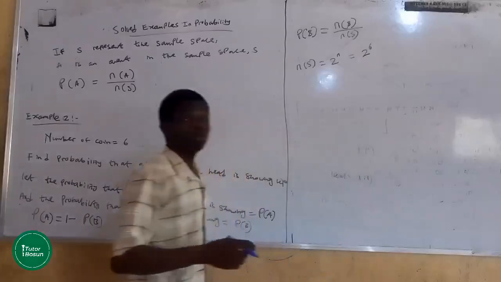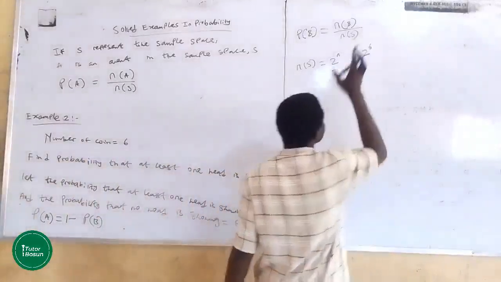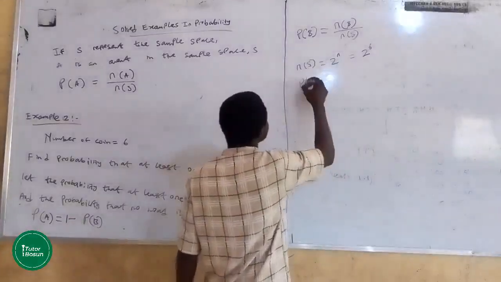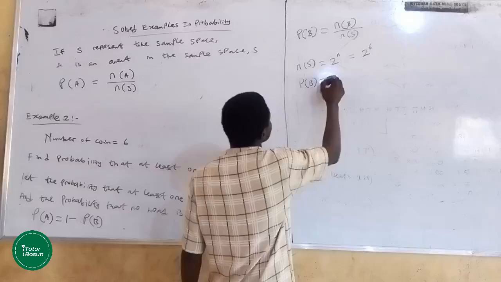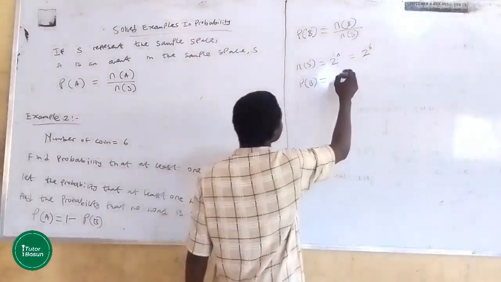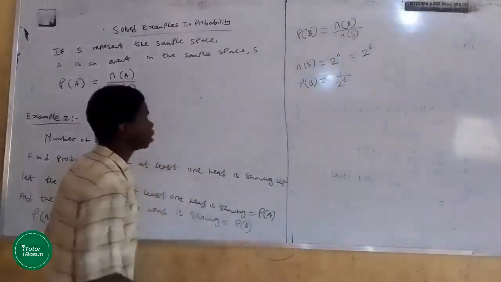So the number of elements you will be adding in your sample space is 2 raised to power 6. So in that situation, your probability that no egg is showing will be 1 over 2 raised to power 6.